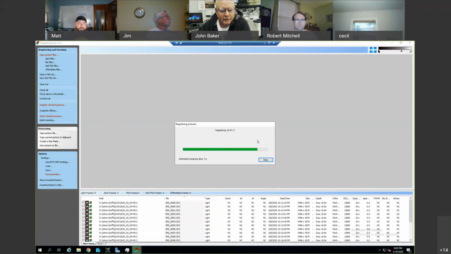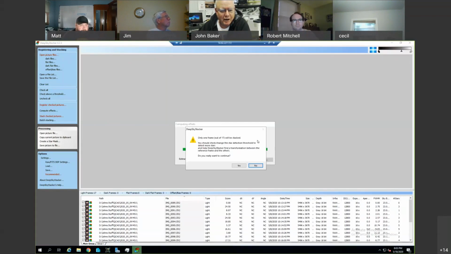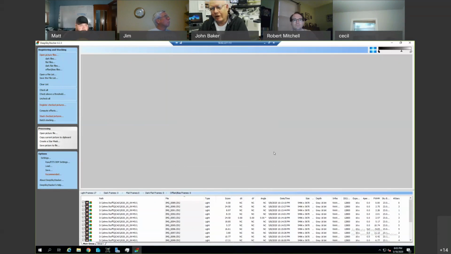I know some of you guys, after all your flats and biases and blah, blah, blah, have hundreds and hundreds of pictures out there, and this machine here will stack them all for you in a lot less time than it would on one of your home computers.